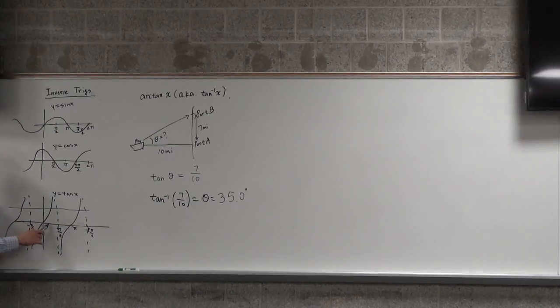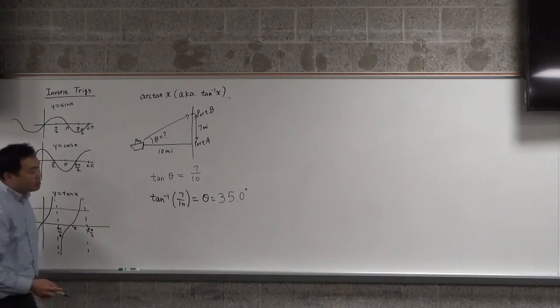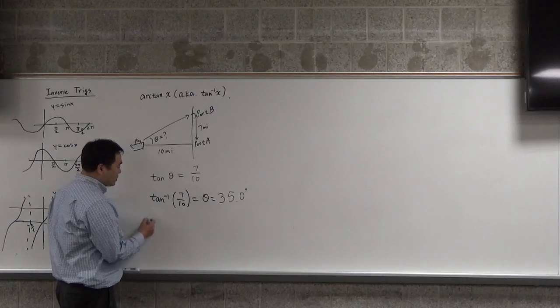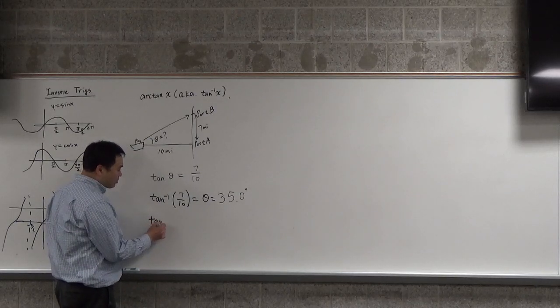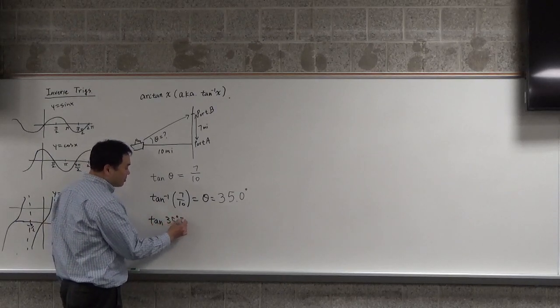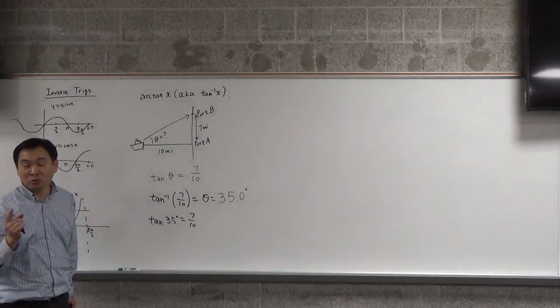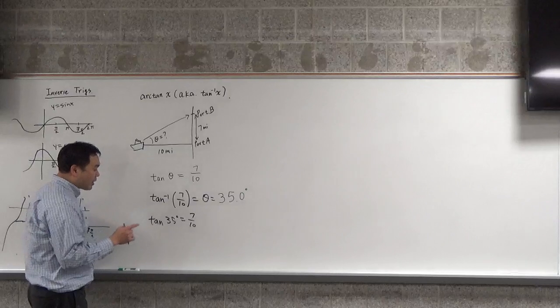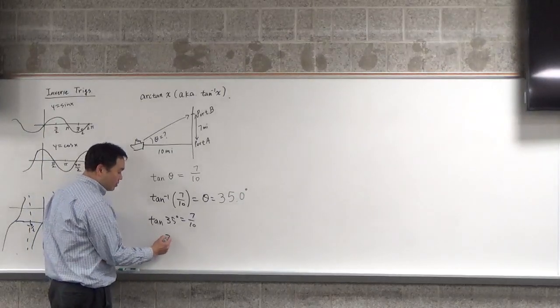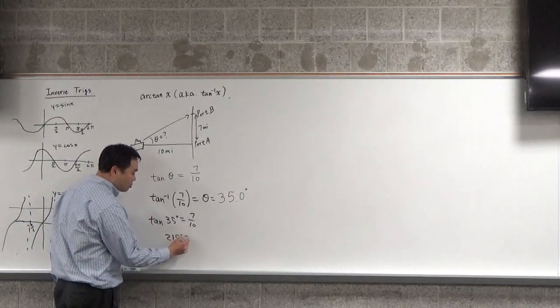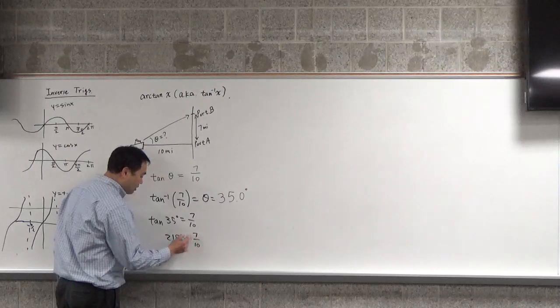It gives you multiple different values giving you the same output. So for example, we just figured out that tangent 35 degrees is 7/10, but because tangent is periodic with respect to 180 degrees, or every pi, if you add 180, you get 215 degrees, which also gives you 7/10.